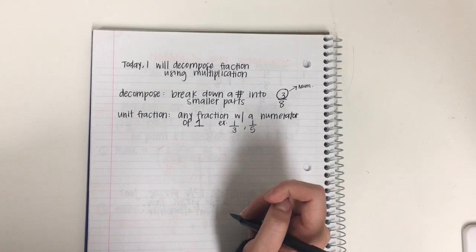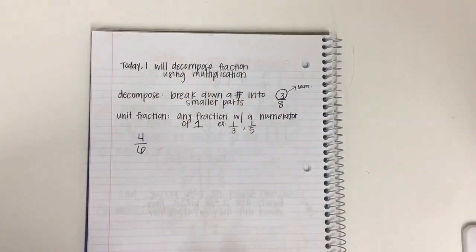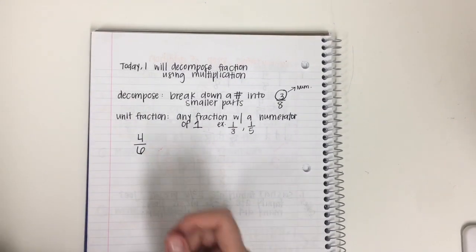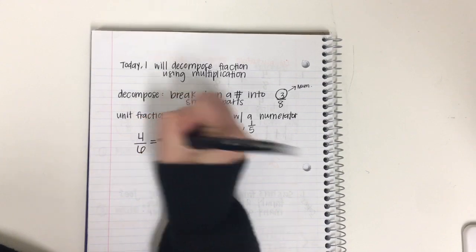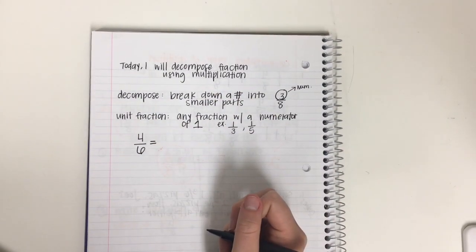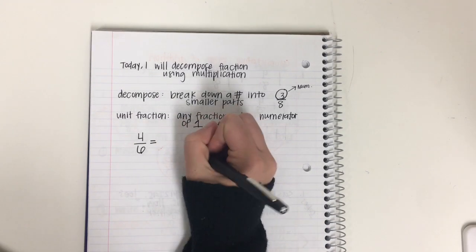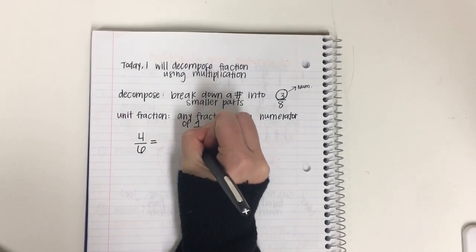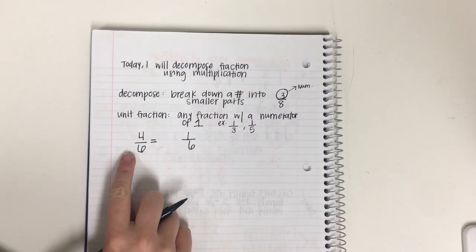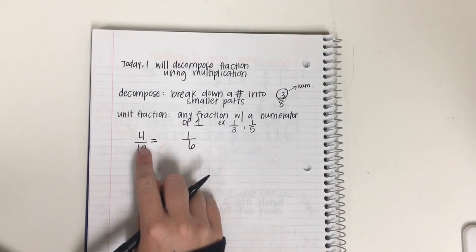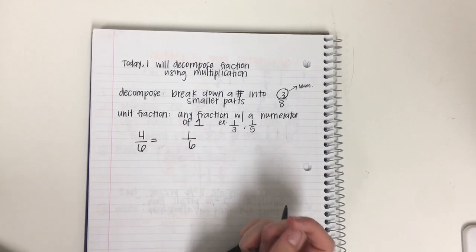So let's take a look. Let's say that we have 4/6 and we want to decompose it using multiplication. Here is how we could do so. We want to use a unit fraction, and our denominator is going to stay the same. So let's say I want to use 1/6, because that's my unit fraction. I have to figure out what times 1/6 is going to give me 4/6.